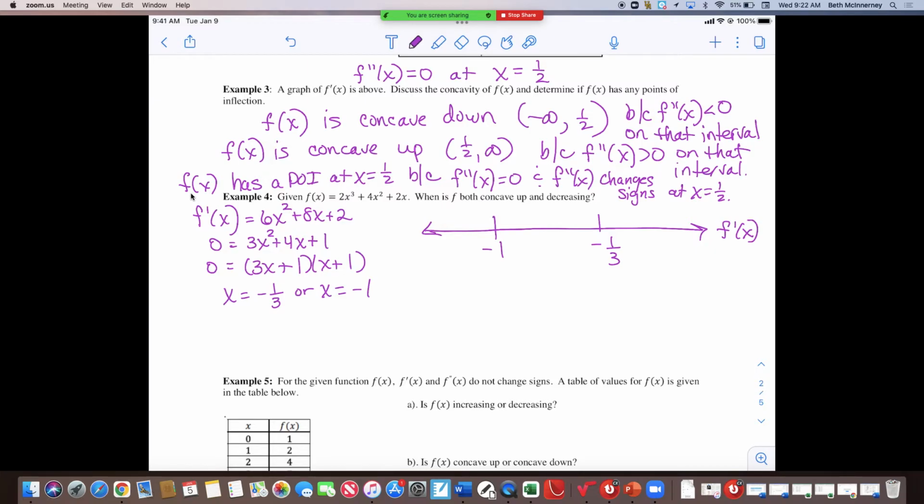So then if we plug in testing left, middle, and right, let's do a sign chart for f prime of x, and that's going to tell me where f is increasing and decreasing.